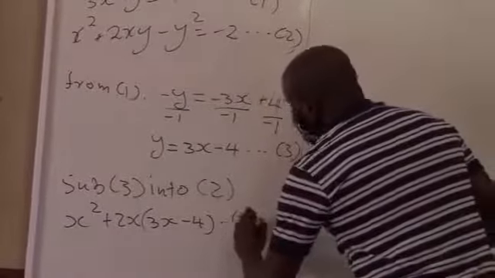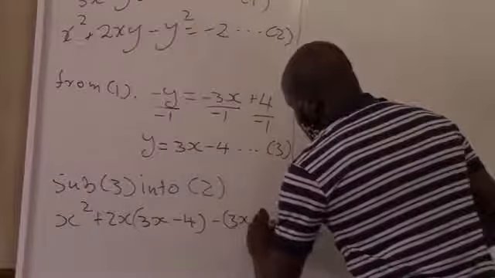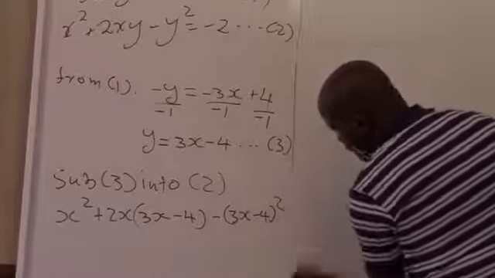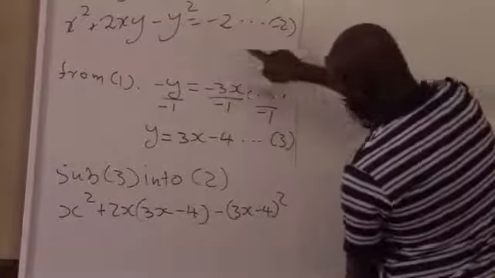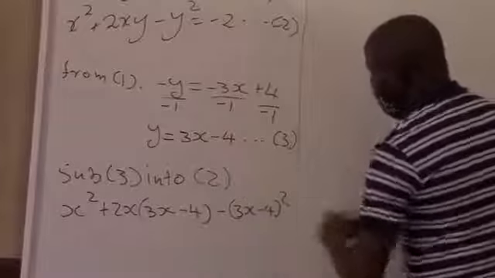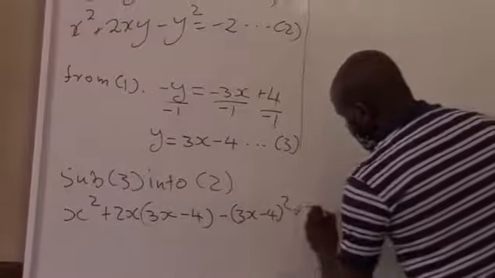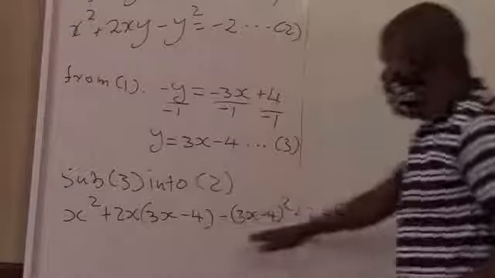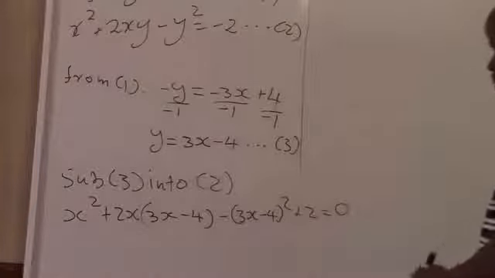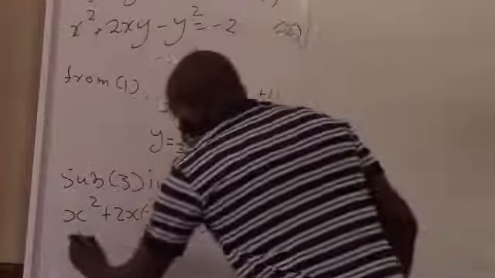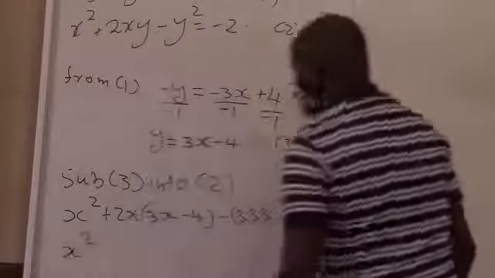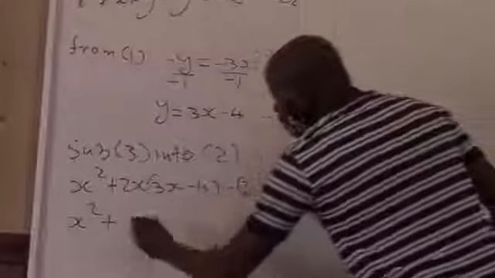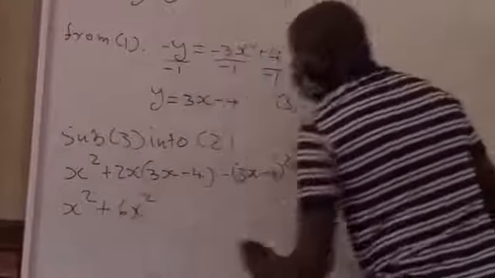Then we still have the -2, so we transpose it and it will be plus 2 equals 0. Now we simplify. We have x squared, plus 2x times 3x, which gives us 6x squared.